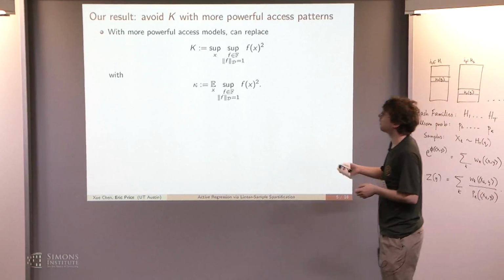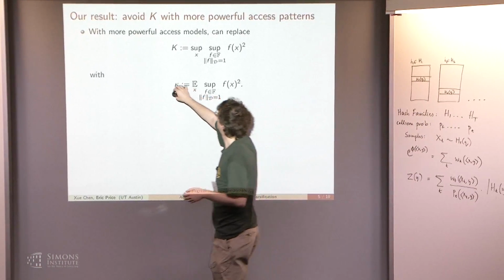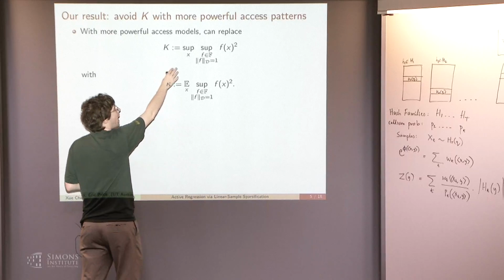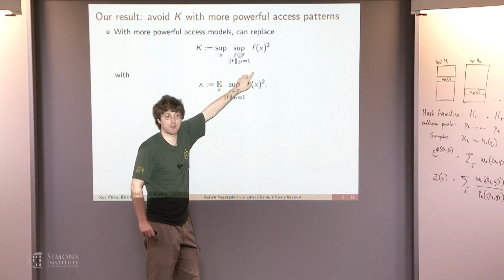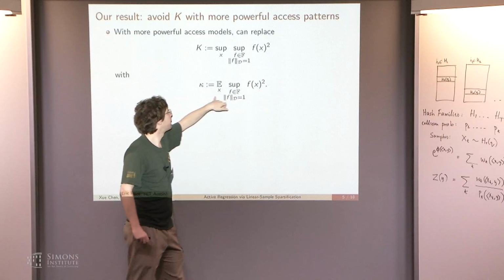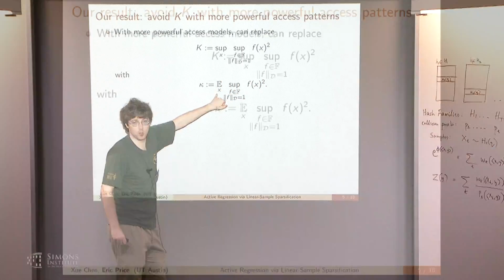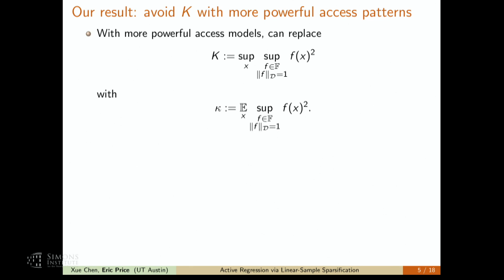And in particular, the goal is going to be to replace k, which is the maximum value over all x of the maximum value over all functions of f of x squared, with kappa, which is the expected value over x of the maximum value of f of x squared.